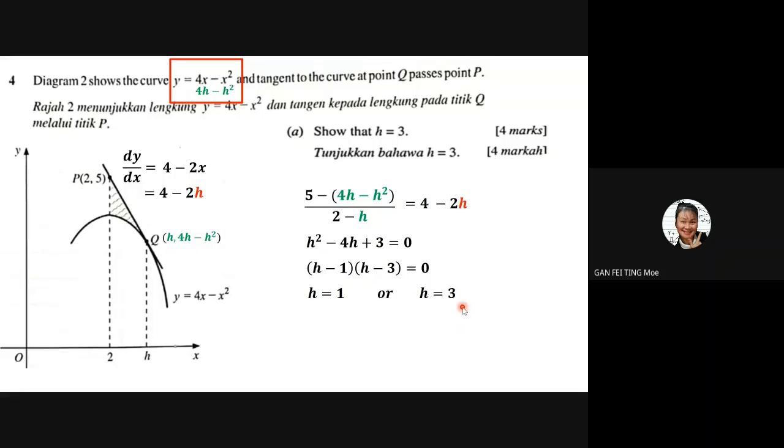Abigail, are you there, Abigail? Yes, teacher. Okay, tell me what the value of H should be, 1 or 3? Which one do you choose, or you want to take both?